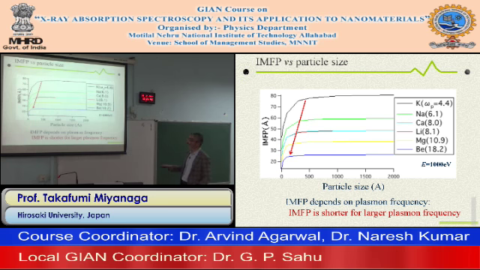And for the particle size, above about 500 angstroms it is constant, so there is no dependence on particle size. But smaller than several hundred angstroms, the mean free path becomes very short. And at about 100 or several tens of angstroms, the change is a very steep enhancement.